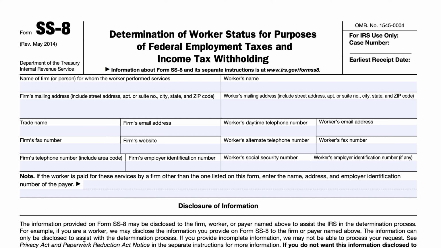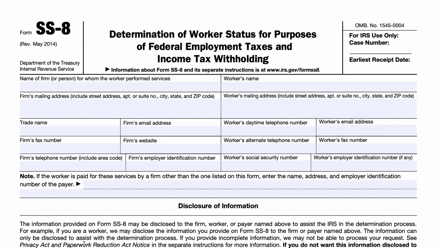For example, the financial services industry is rife with a lot of firms that simply want to use that as a reason to classify someone as an independent contractor, even if they're doing actual employee work alongside other employees.